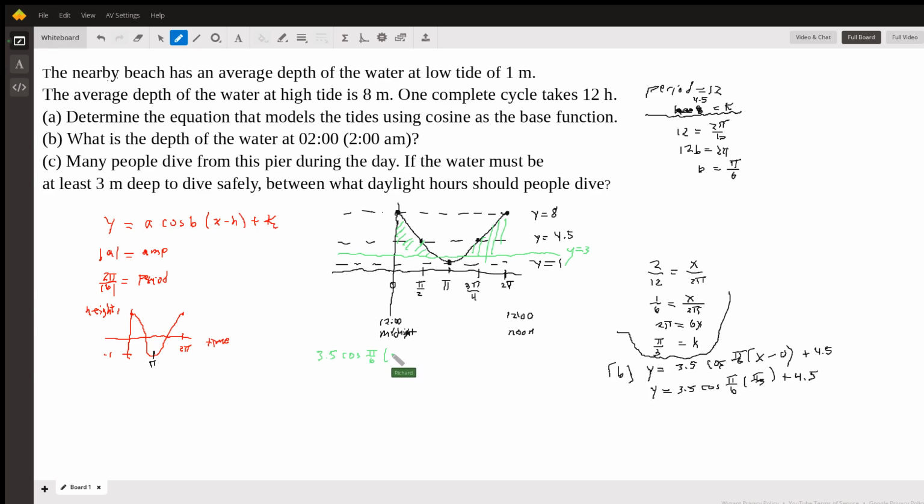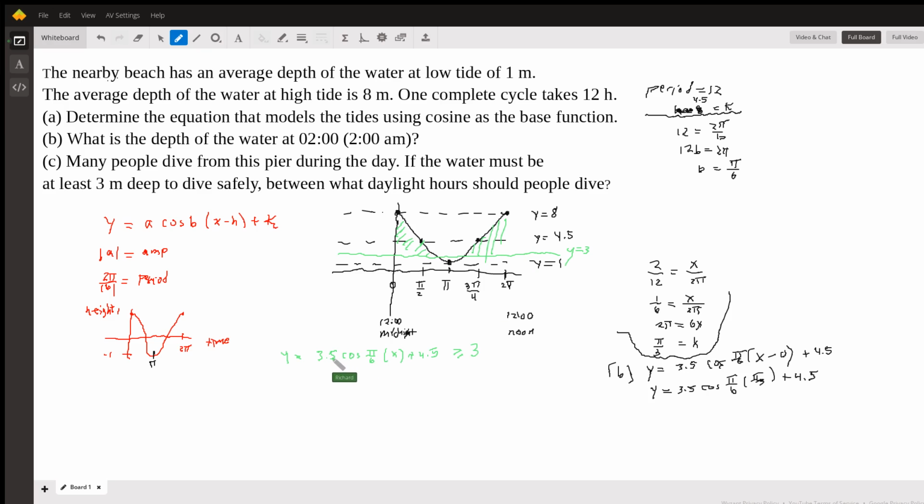H is 0, so I'm just going to put an x here, plus 4.5. That's our height at any given time. Time is x here. This thing has to be greater than, that must be at least 3 feet, so greater than or equal to 3.